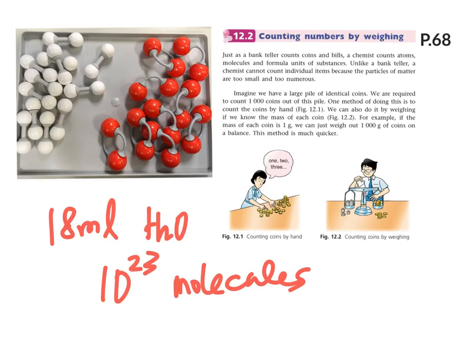So it is not 1, 2, 3, 4, but 10 to the power 23 molecules. So it is very difficult to count one by one. As a result, what we should do is count the numbers by weighing the molecules or the stuff.